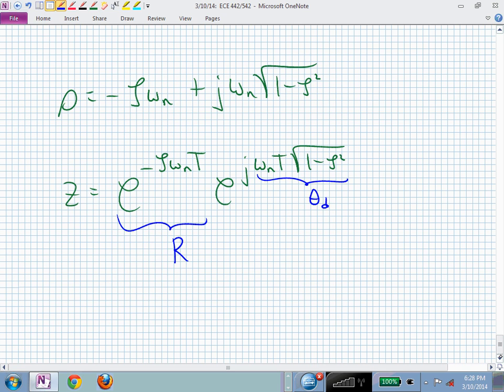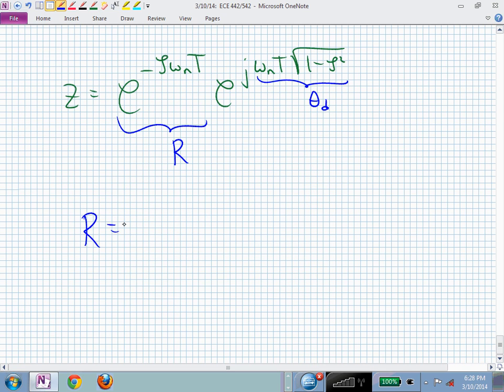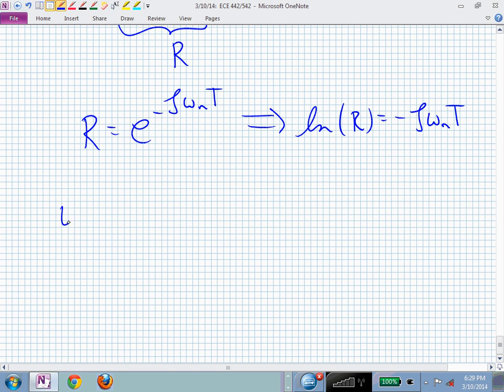If we now look at R is equal to e to the minus zeta omega sub n T, we can now take the logarithm of both sides, let's say the natural logarithm now, since we have an e in play. We can now solve for omega sub n T in terms of R and zeta, because those are the numbers that we have.